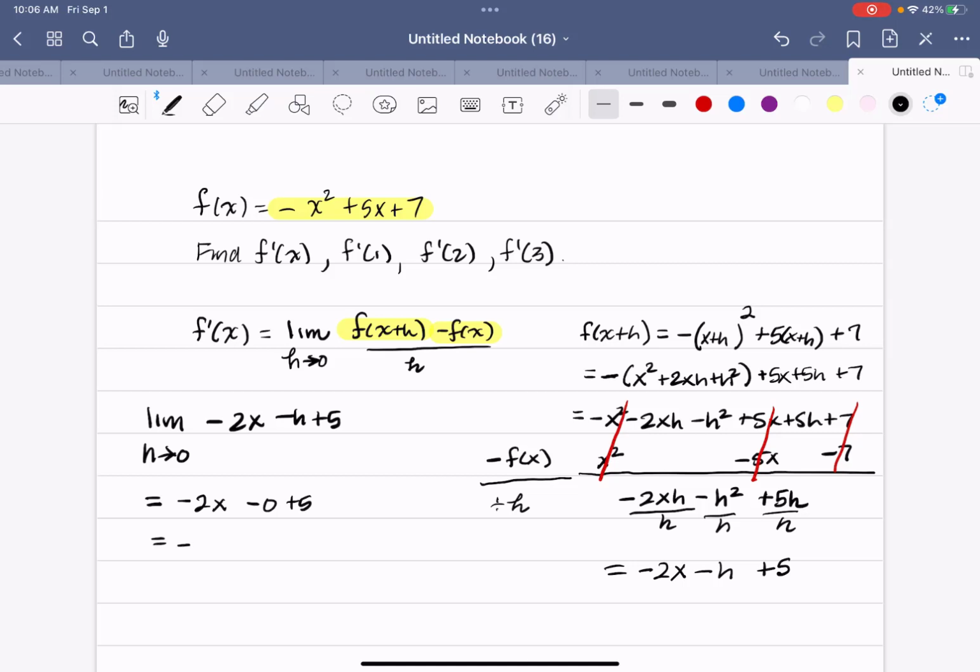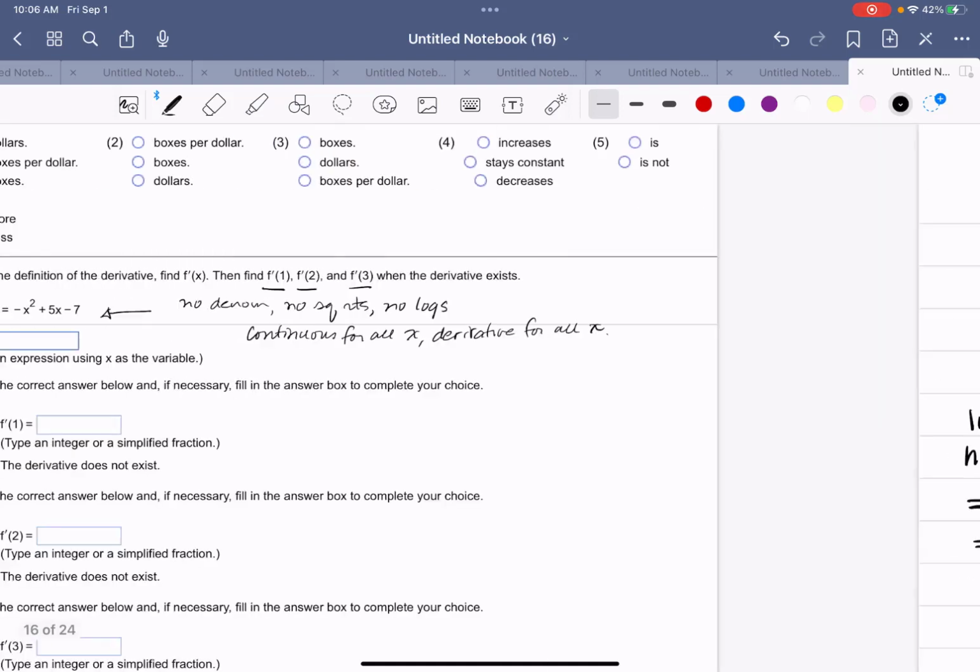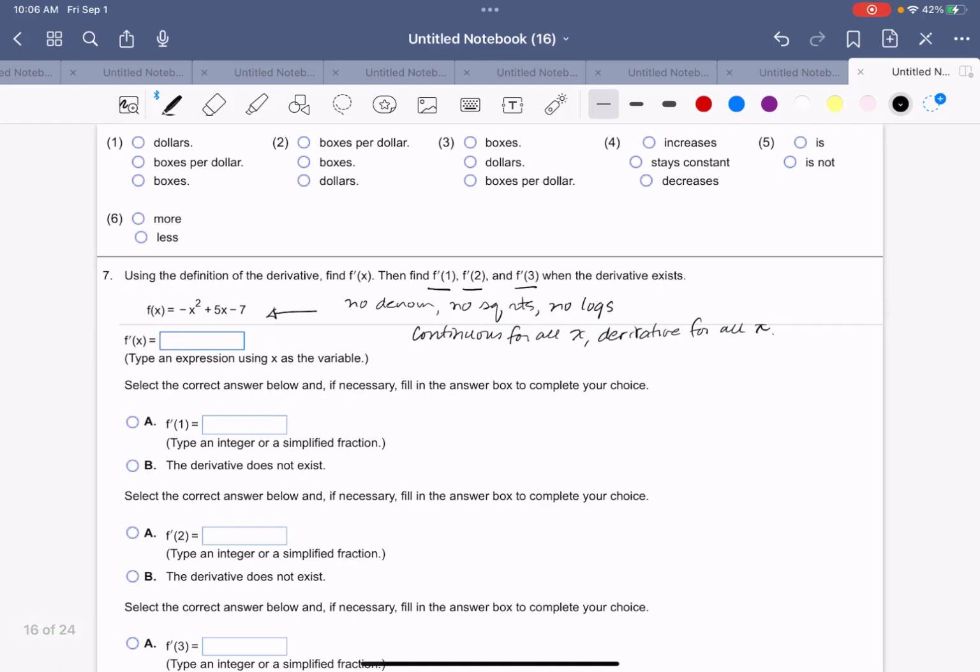So my formula is minus 2x plus 5. So that is my derivative, minus 2x plus 5. Now, some of you who have taken this course before or taken another calculus class may recognize that there is a shortcut for this, but we're going to do it by formula first, and then we'll talk about the shortcuts a little bit later.